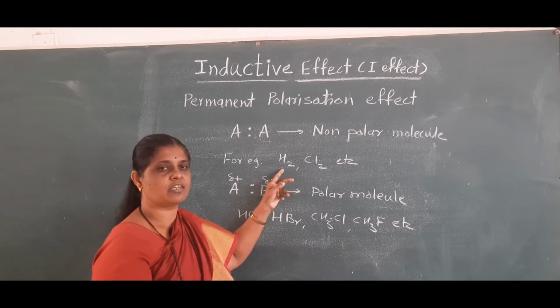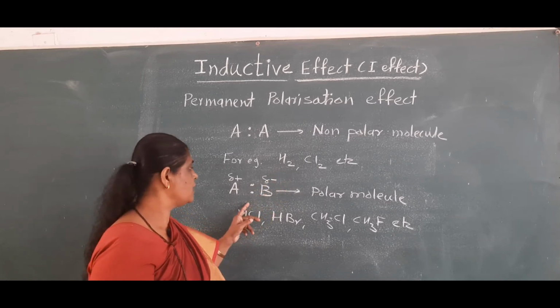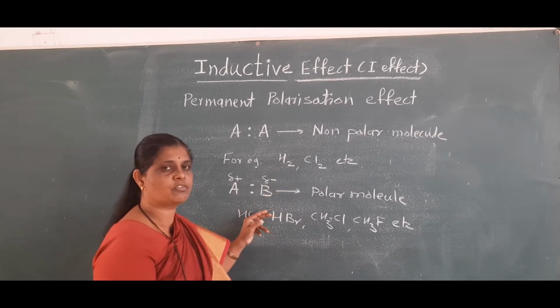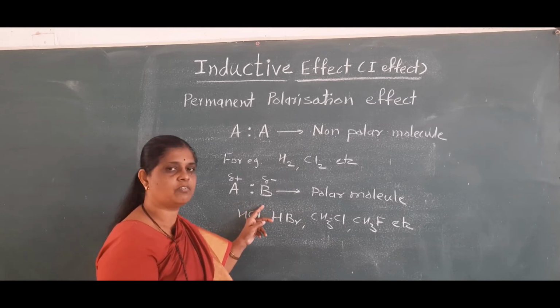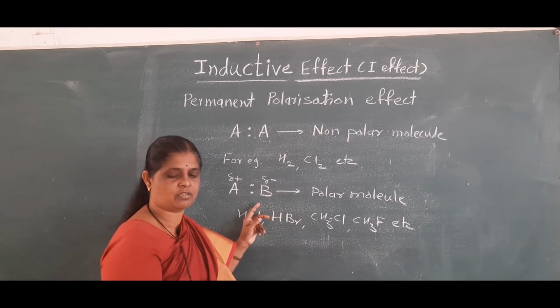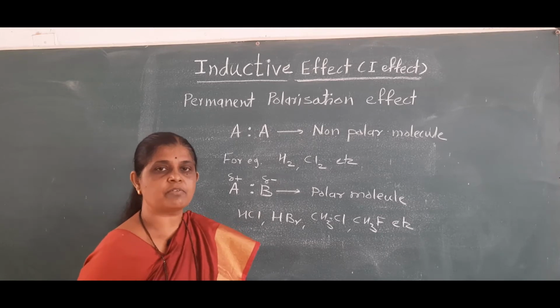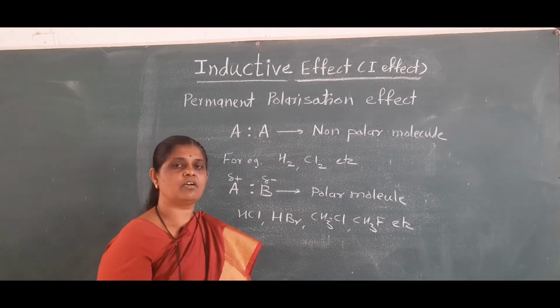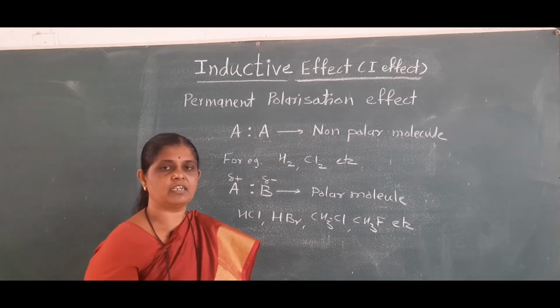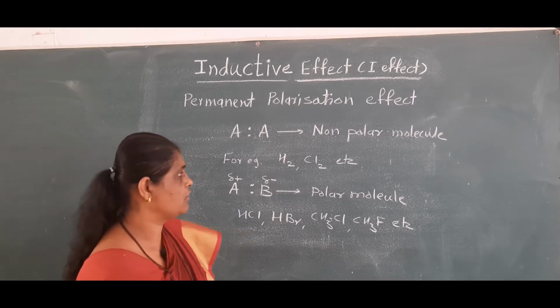Inductive effect is related to polar molecules, that is, bonds formed between two dissimilar atoms. There are two types of inductive effects: electron withdrawing inductive effect and electron donating inductive effect.